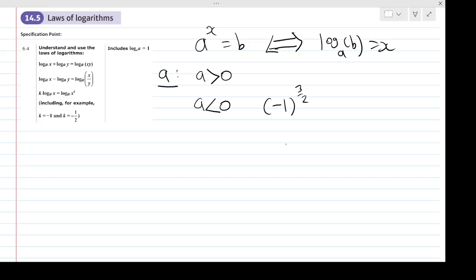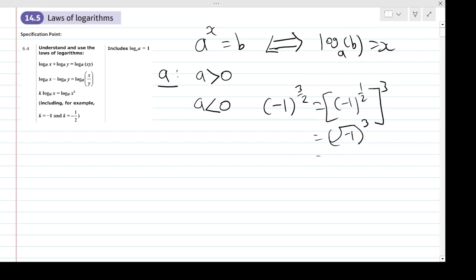The problem here is that because it's a fractional index, we could say that's -1 to the half, then cubed. Well, this -1 to the half is a root. I'd have root -1 cubed. But the problem is that's the square root of a negative.